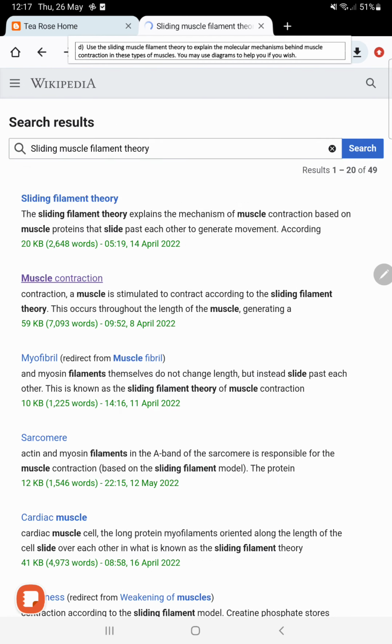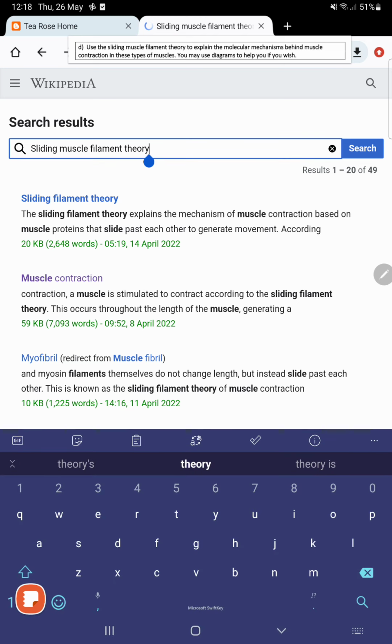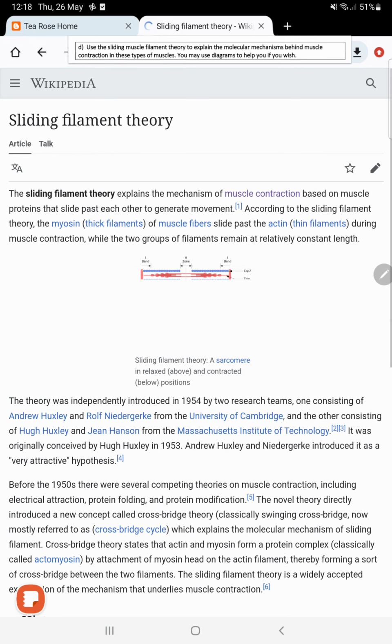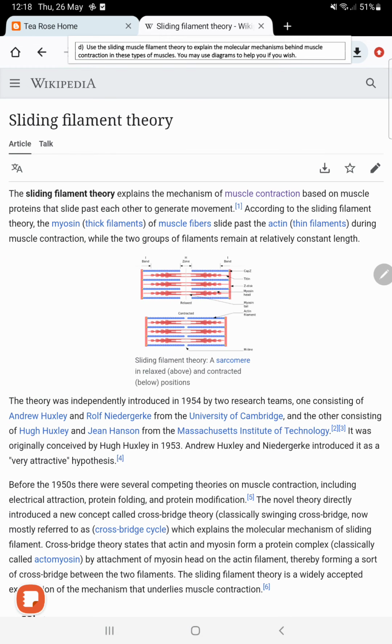So I'm going to go back to where we were. So the molecular mechanisms were the proteins, I thought. So let's go to the sliding filament theory.